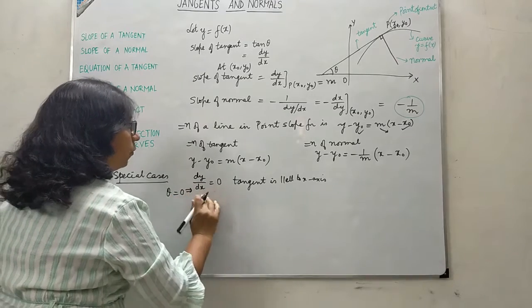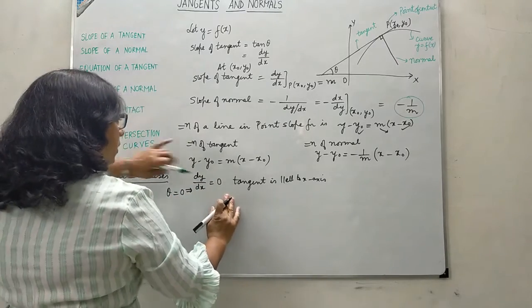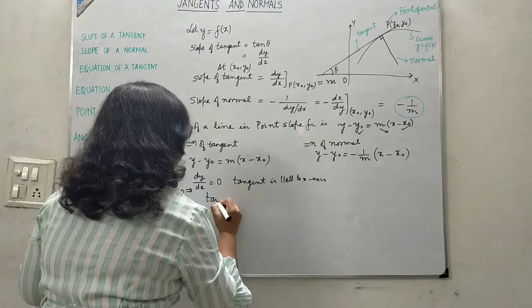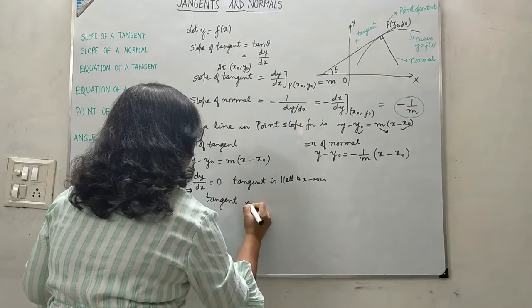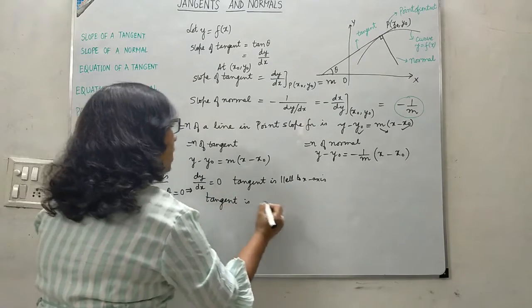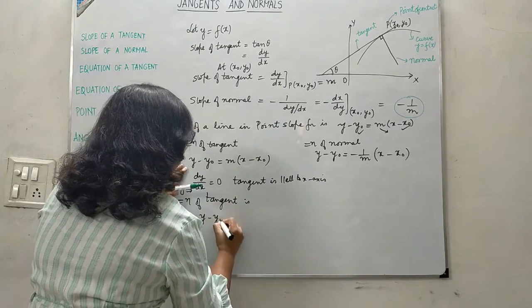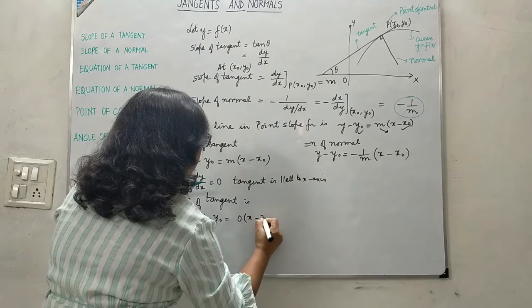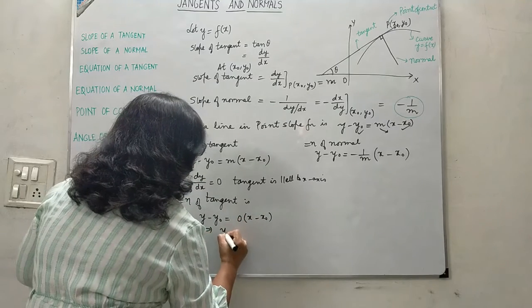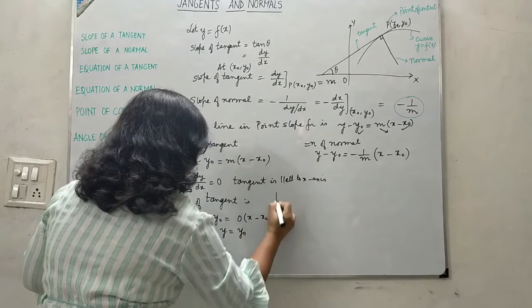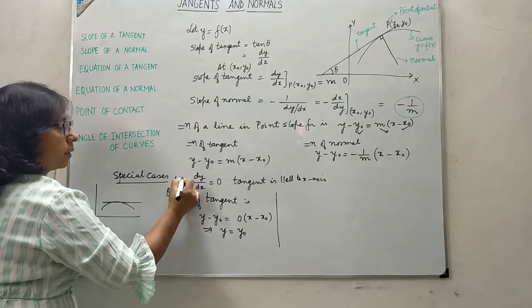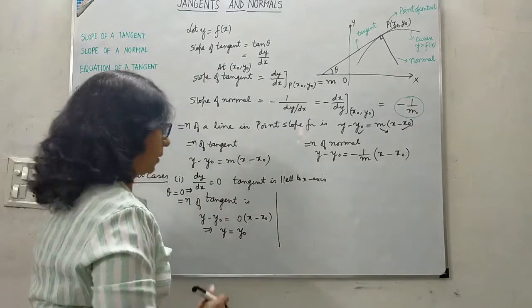That is why slope will become 0. And in this case, m is 0, so equation of tangent is y minus y0 equal to 0 times (x minus x0). In that case, this is y equal to y0. This is your first case when tangent is parallel to x-axis.